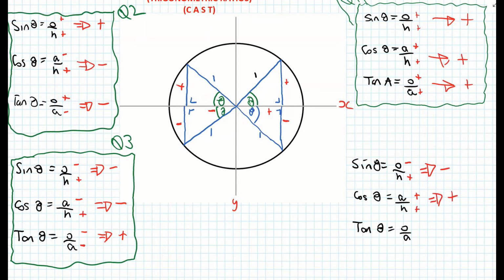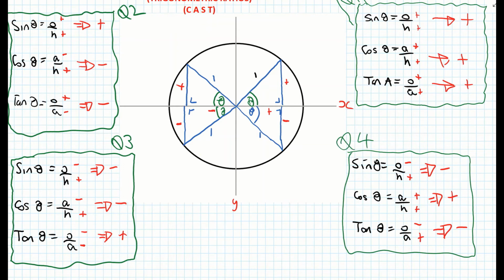When you divide a positive by a positive, so 2 divided by 2 must be a positive 1. My tan is going to be opposite, which is across from theta, which is a negative, divided by adjacent, which is a positive, which is giving me negative divided by plus is a negative. So that's our fourth quadrant.